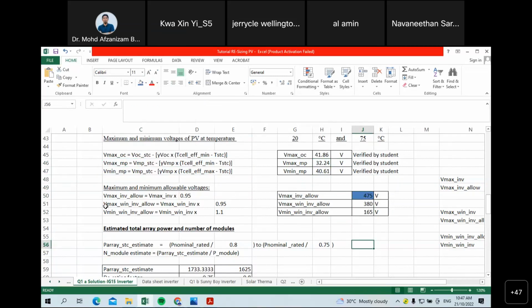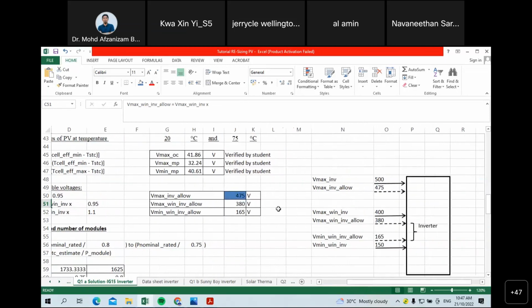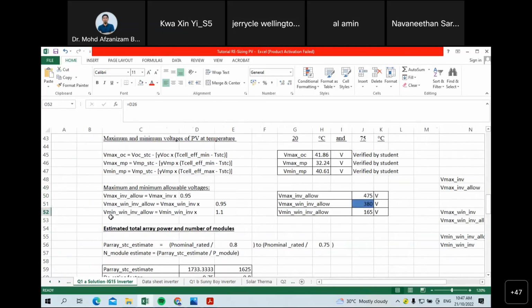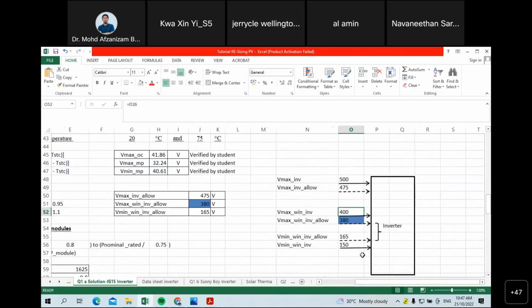And then the Vmax window inverter allow, times 0.95, we may obtain 380, referring to this one. And then the V min window inverter allow, V min inverter times 1.1, meaning 10% increase. So from 150 it becomes 165.